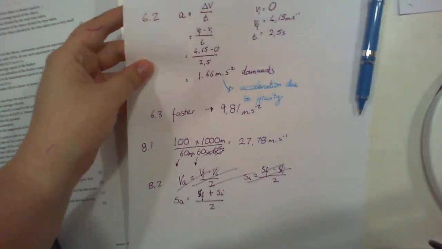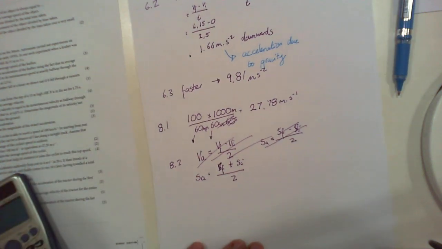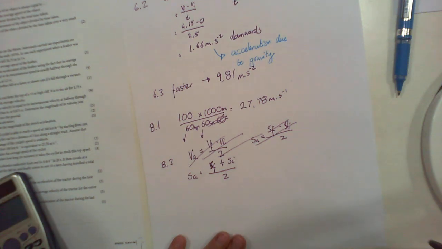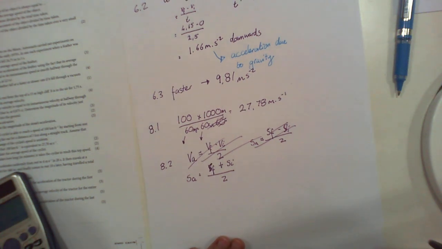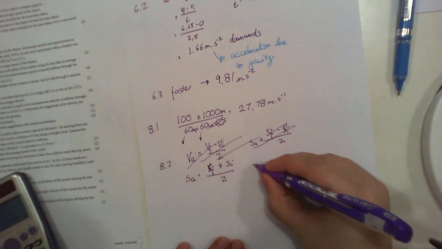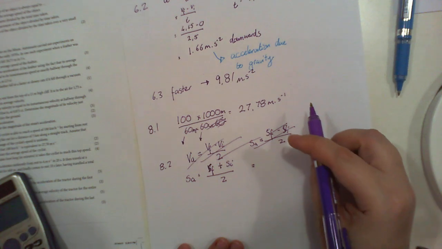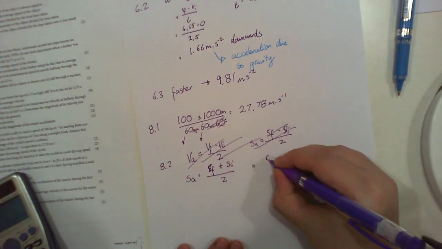Good. Sorry guys, it's a little bit late, but we will get there in the end. So what's our average speed? Very simple. We know his initial speed, which should be 0.